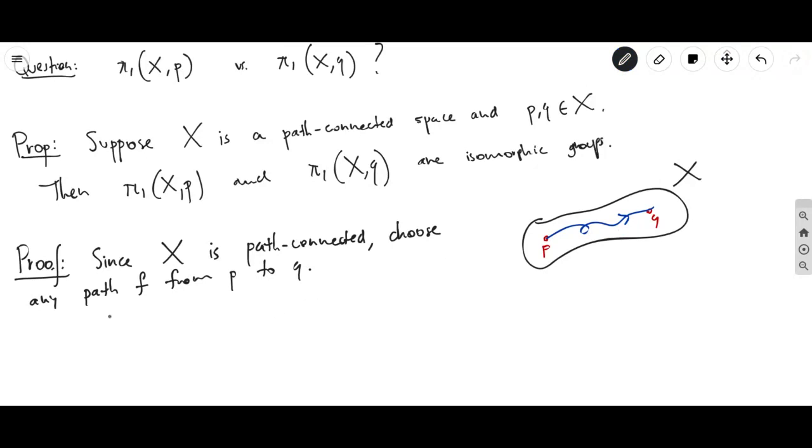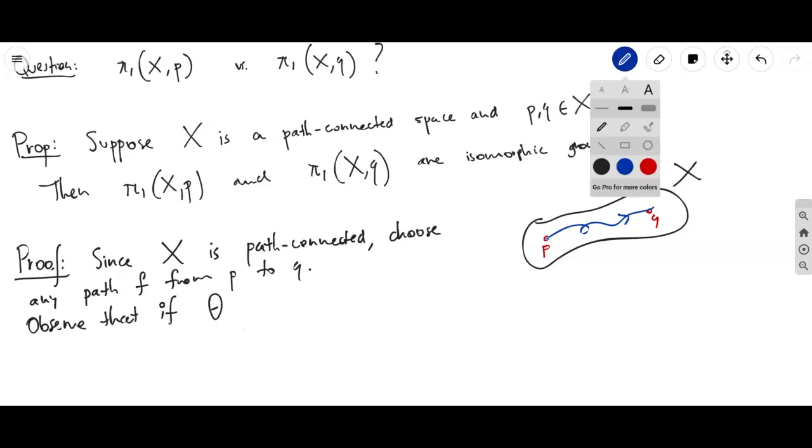Now here's the idea. So observe that I want to use a letter that goes in a circle to indicate it's a loop. I like to use theta because it goes in a circle. So let's draw theta right over here.